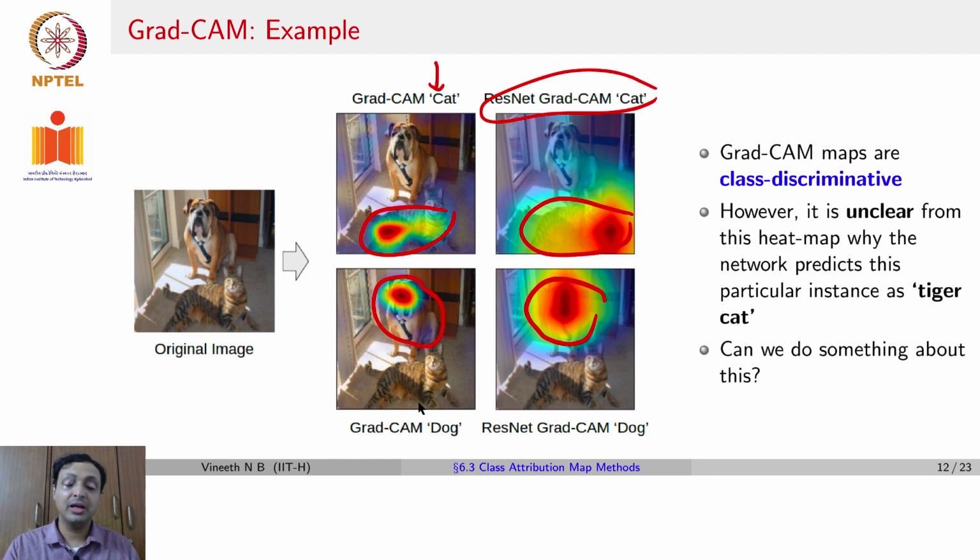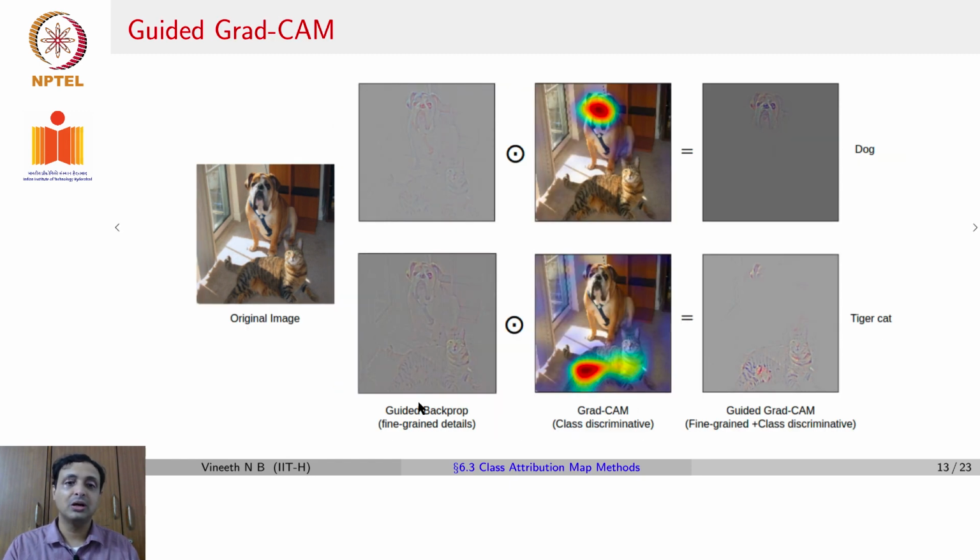And here is where the method now proposes a variant of Grad-CAM called guided Grad-CAM, which brings together guided backpropagation that we saw in the earlier lecture and Grad-CAM together, juxtaposing them one on top of the other by doing what is known as a Hadamard product or a pixel-wise product.